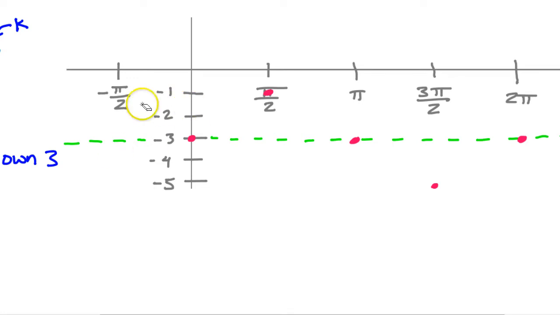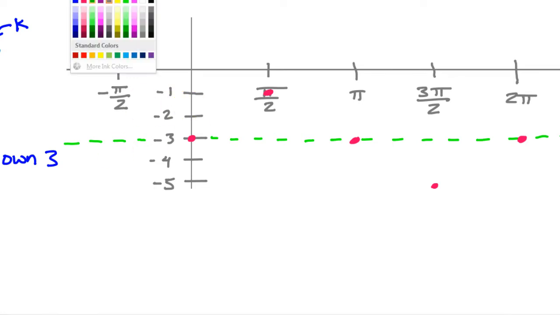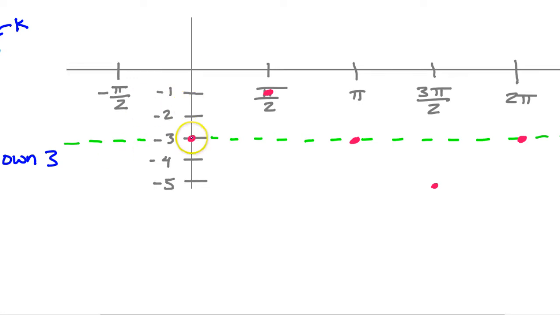Alright, so this is how far I need to move everything. Let's start with the very first point. If I move this to the left, pi over 2, it's going to be here. After that, I can just follow the usual pattern of the sine function. I can go up to its highest point and then fall back to the midline.